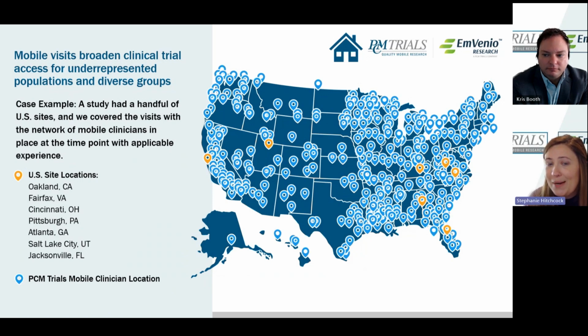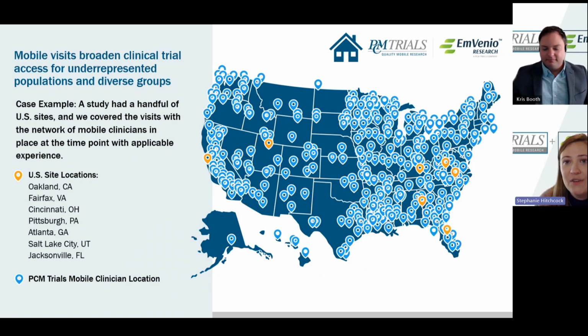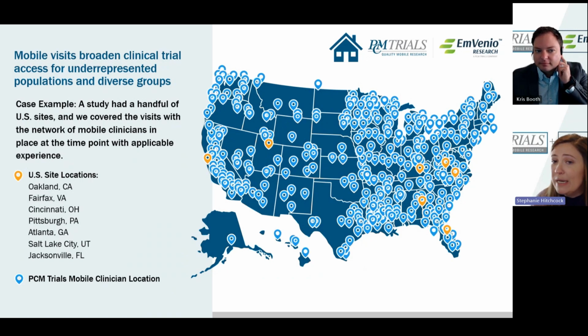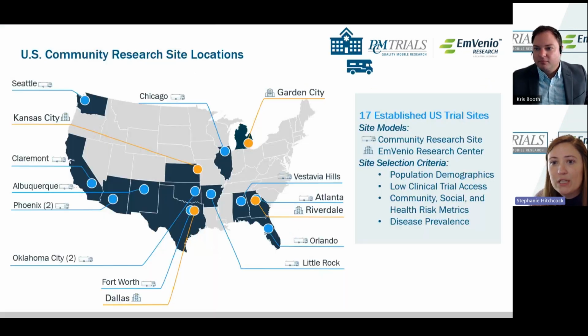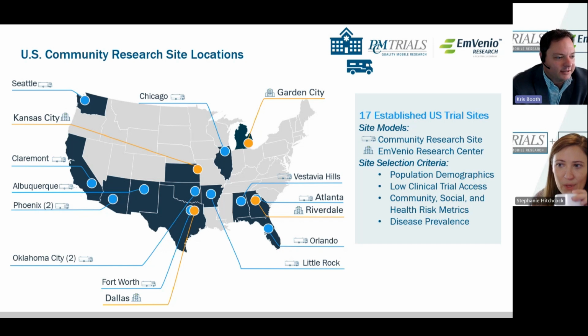I've talked quite a bit about how the mobile visit side can support these diversity action plans. And I'm going to turn it back over to Chris to talk a little bit more about how those community research site locations can really support that diversity action plan. Yeah, thanks, Stephanie. So I think the combined idea here is about reach.